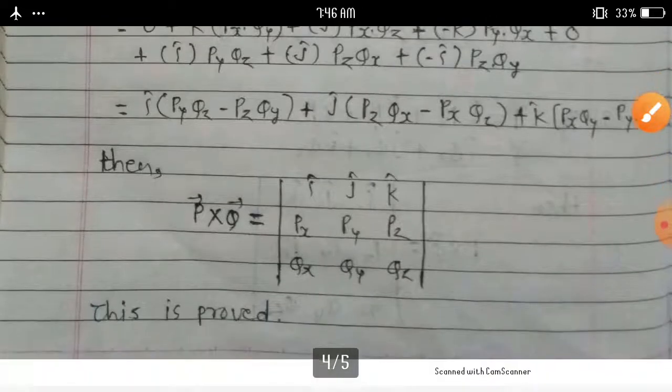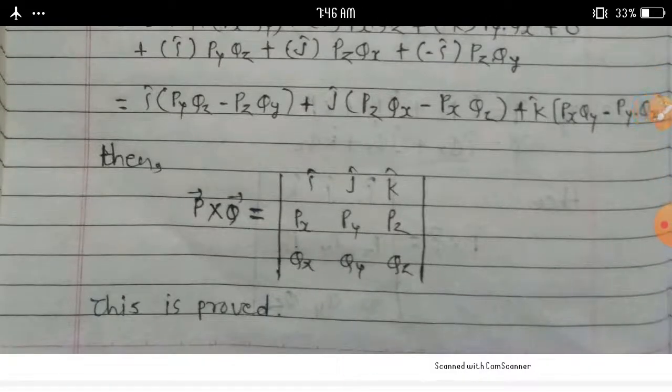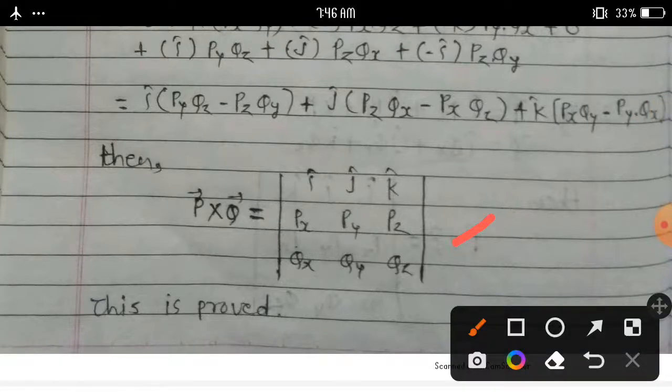Then we can write p bar cross q bar is equal to the determinant of i, j, k, px, py, pz, qx, qy, qz. This is the proof.